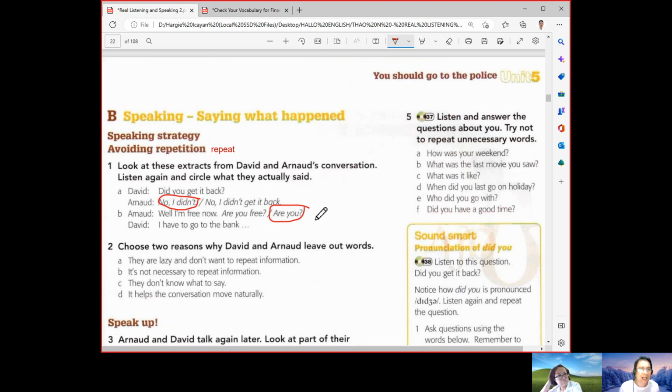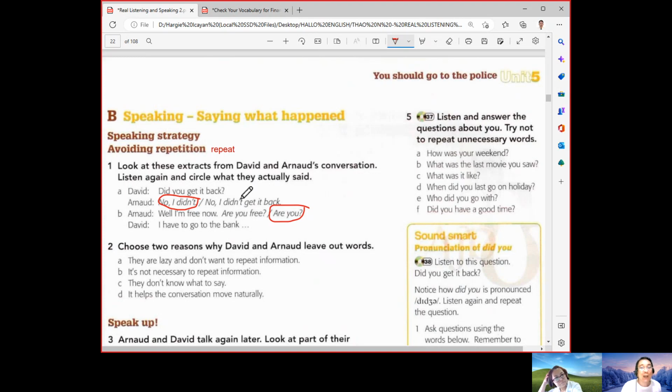So let's try to understand this one. If the answer to the question, did you get it back, is this correct to say, no, I didn't? Or which do you think would be the more correct one? No, I didn't get it back. No need to repeat again.